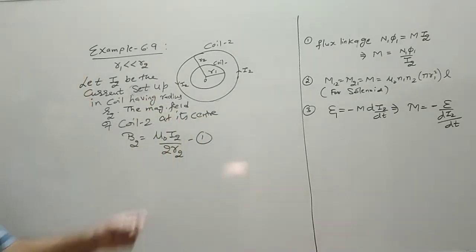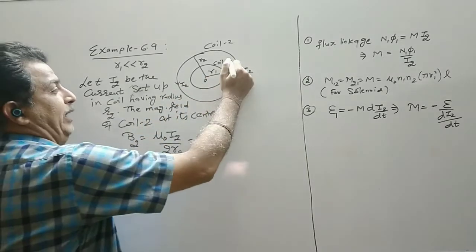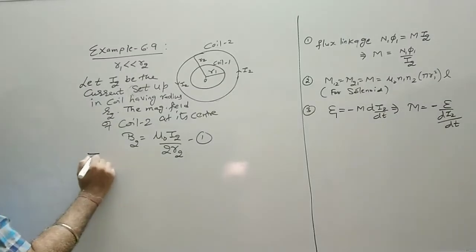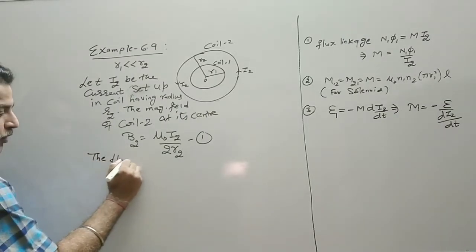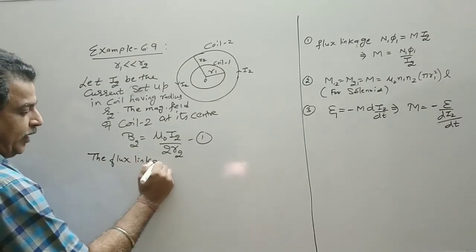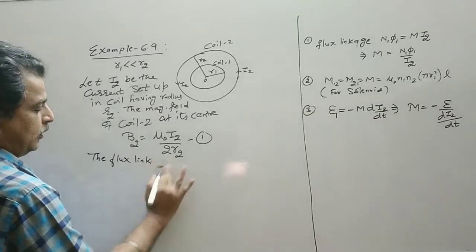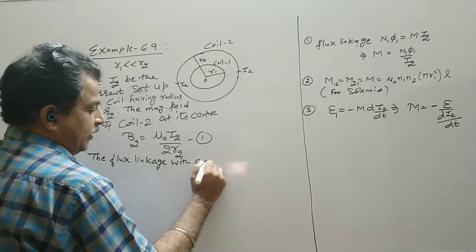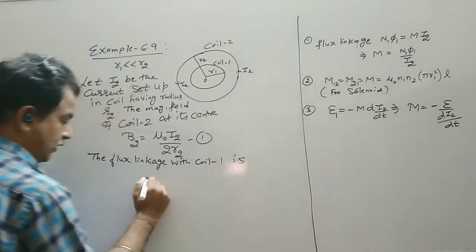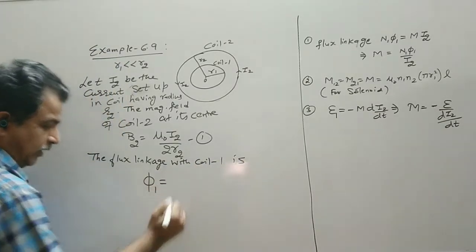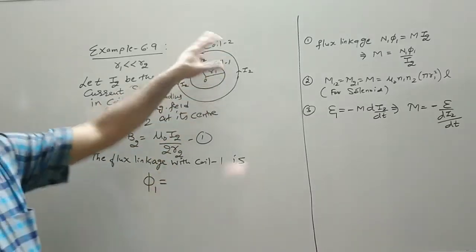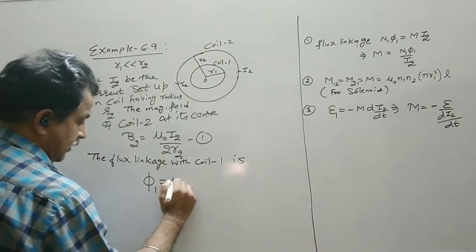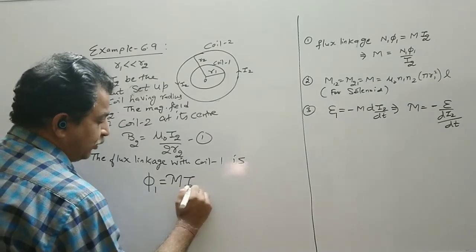Now where will the induction take place? Induction will be in coil 1. So the flux linkage with coil 1 is, there are no turns given, this is only one circular coil, so phi 1 is equal to M i2.